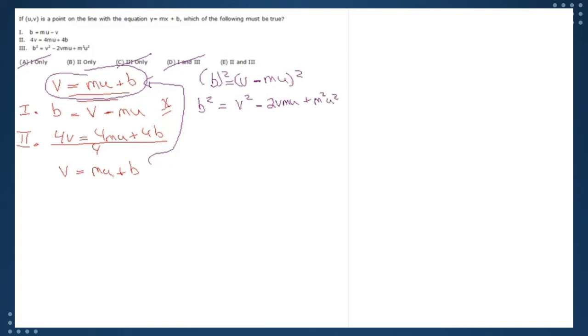If anyone's wondering how I did that so quickly, don't forget that x minus y all squared, which is a quadratic identity, which we have a lot of in chapter 2, is x squared minus 2xy plus y squared. So I did that kind of in my head. Notice the v squared is the x squared, the m squared u squared is the y squared, and the minus 2vmu is the same thing as minus 2xy.